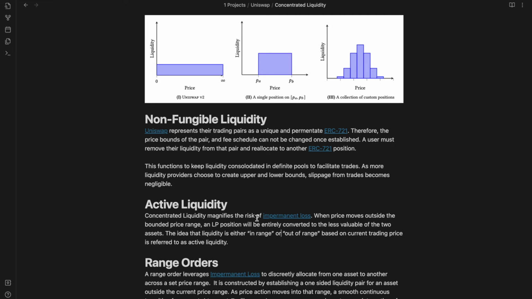So with this notion of impermanent loss, you have liquidity providers who are agreeing to buy the less valuable asset when price increases. So if we have this bound right here and price moves down, we're going to be buying that less valued asset. And I don't mean valued in terms of dollars or ETH. I mean valued in terms of supply adjusted demand.